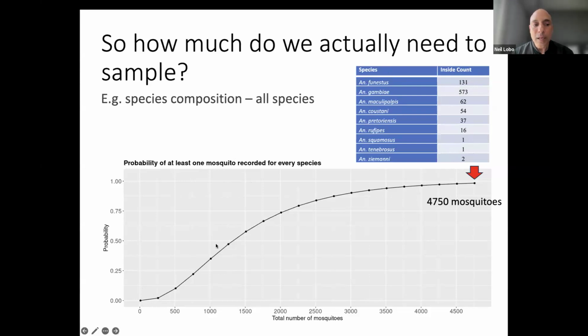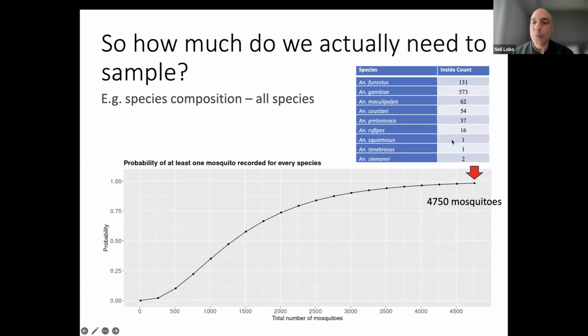To have a good probability of finding at least 1 of all these species, you have to collect 4,750 mosquitoes. That's a lot of mosquitoes to collect to make sure you've actually collected at least 1 of each of these if we're looking at species composition. So for example, we implemented IRS, and let's say we want to say, has IRS impacted Anopheles squamosus?